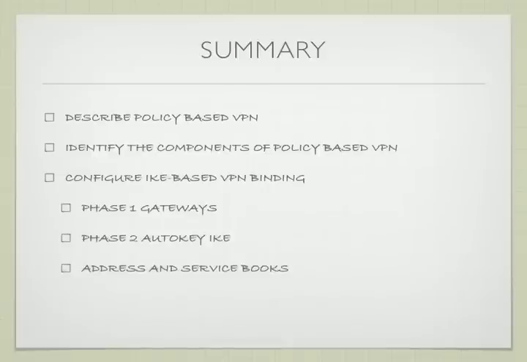You should be able to configure these bindings, the phase 1 gateway, the phase 2 AutoKey IKE, the address and the service books, and the policy. And you should be able to verify that the policy VPN operations are going through and obtain the event log information if they're not, or explore the debug commands for seeing what's going on in the exact negotiations.